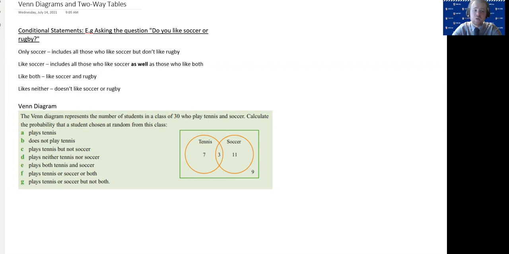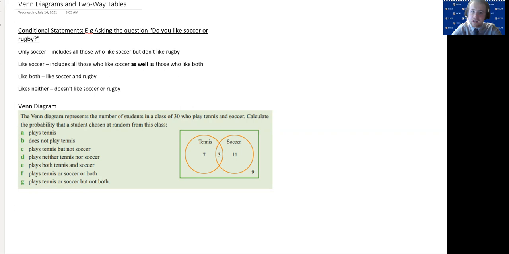Now, if I wanted to know how many people liked only soccer, I actually need to be careful, because I need to find all the people who ticked soccer on the survey, saying they liked soccer, but I don't want to include anyone who ticked soccer and rugby.